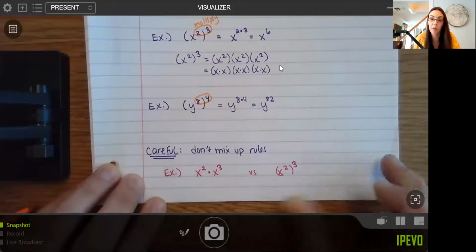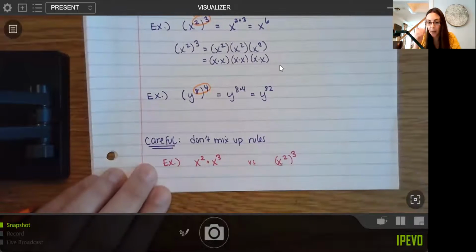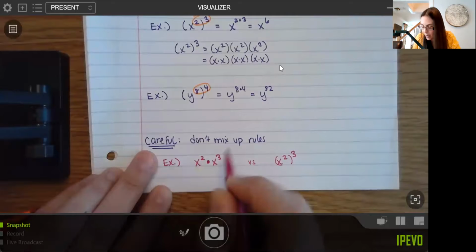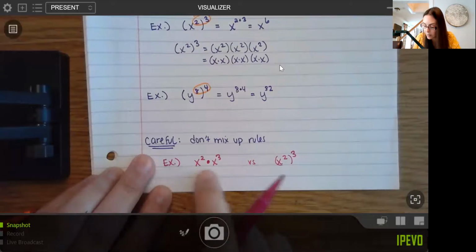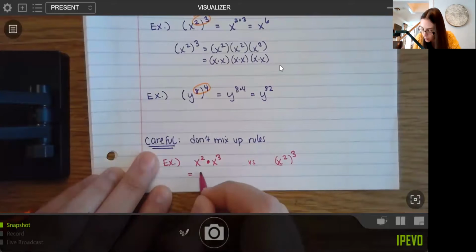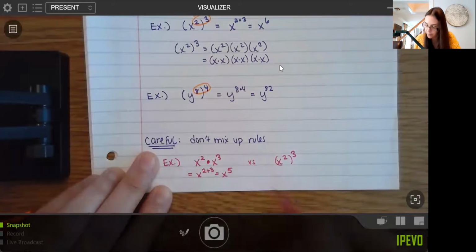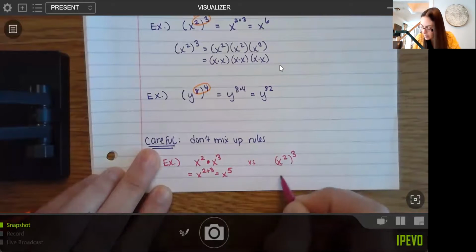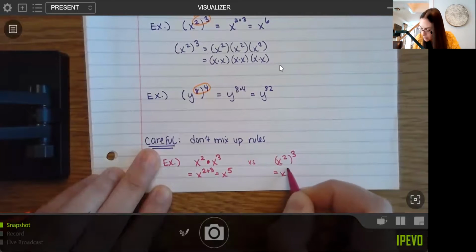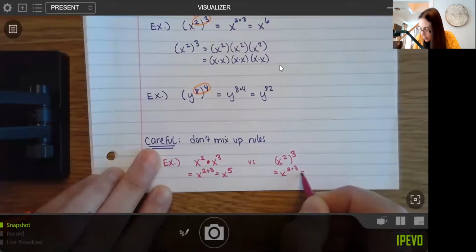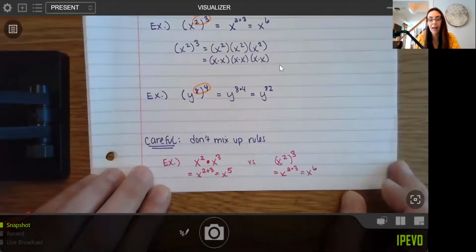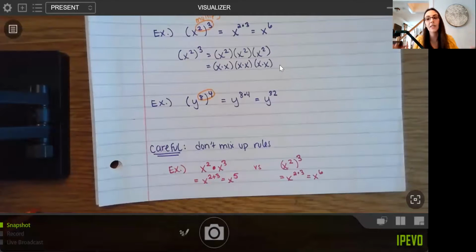Now I've done both of these problems already, so you should know the answer. But think about the rules here. So we're multiplying these together and I have two bases. So what it says to do is to add the exponents, whereas something like this says to multiply the exponents, right? So you're going to get different answers the vast majority of the time.